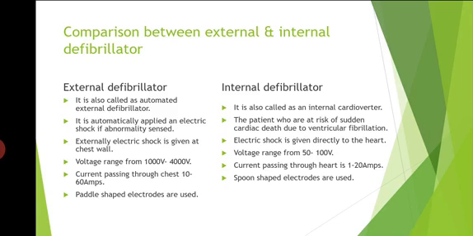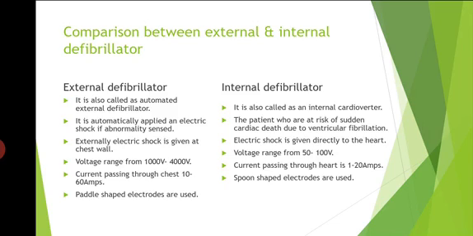Regarding voltage, a range of 1000 volts to 4000 volts is used in the external defibrillator, and 50 volts to 100 volts in the internal defibrillator. In the external defibrillator, the current passing through the chest is 10 to 60 amperes. In the internal defibrillator, the current passing through the heart is 1 to 20 amperes.